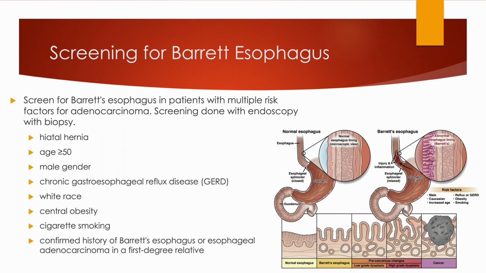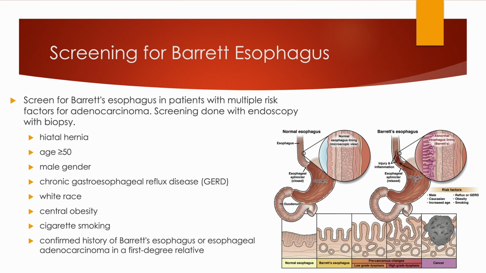But here's some of the risk factors for adenocarcinoma in addition to GERD. So hiatal hernia, age over 50, male gender, chronic GERD, white race, central obesity, cigarette smoking, and a confirmed history of Barrett's in a first-degree relative.